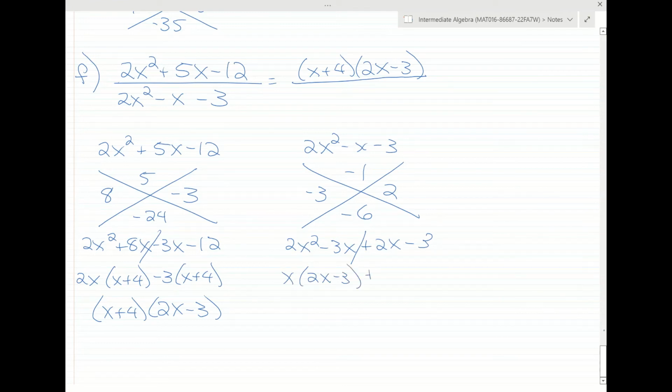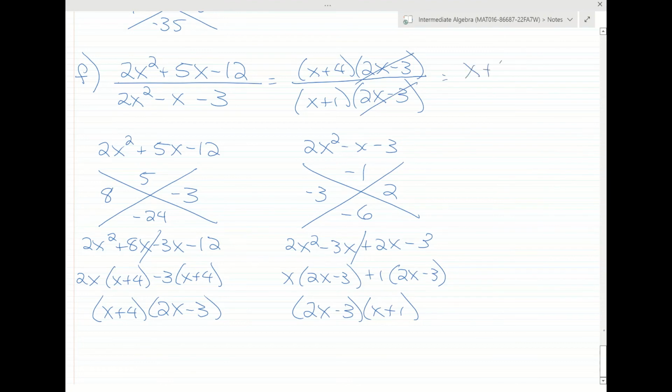This will be our denominator. And you can see if we have the same terms on top and bottom, we could just cancel those. And we're just left with x plus 4 over x plus 1.